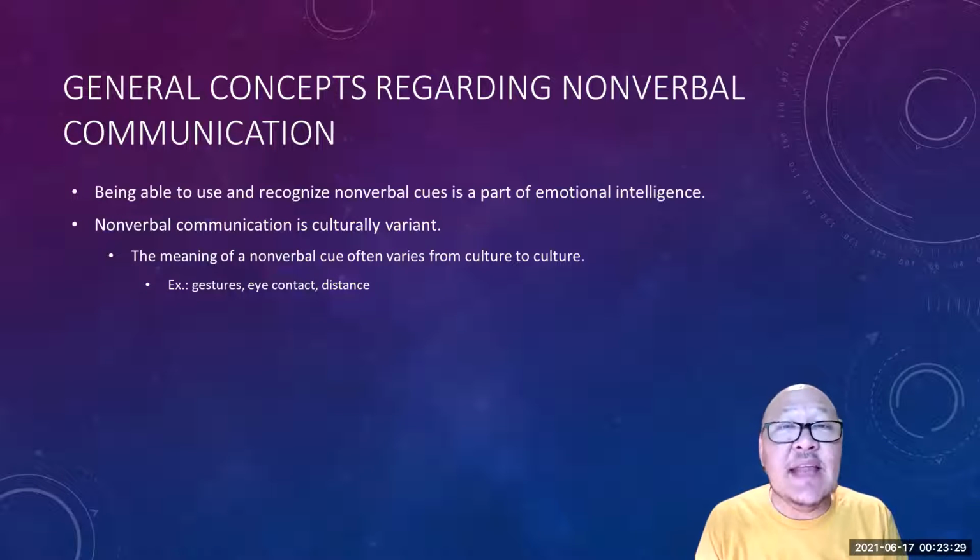Which really leads into this next point, and that is that being able to recognize and use nonverbal cues is a big part of what the book talks about being emotional intelligence. And if you remember in chapter 1, you read about communication competence, this idea that we not only understand, but we also utilize appropriate communication in a particular situation.